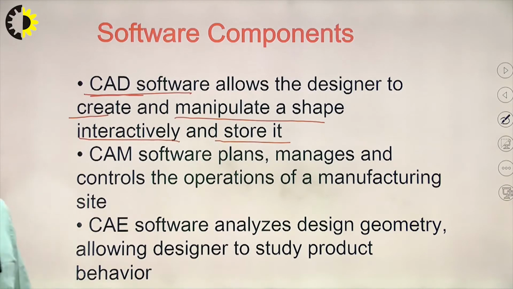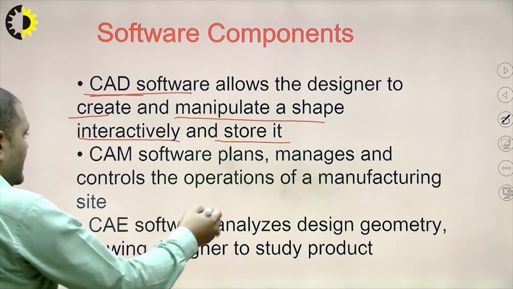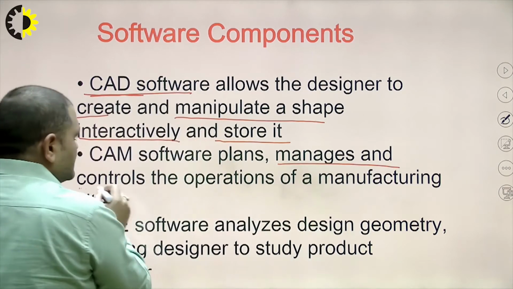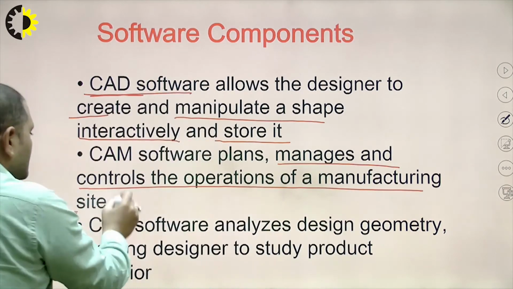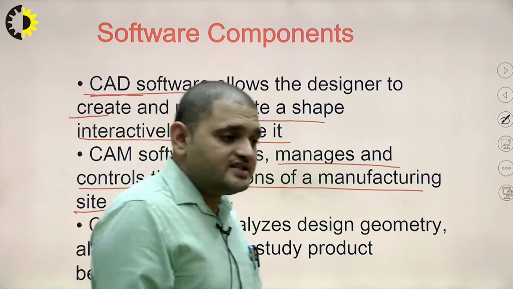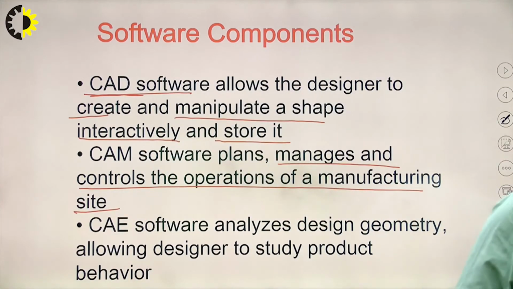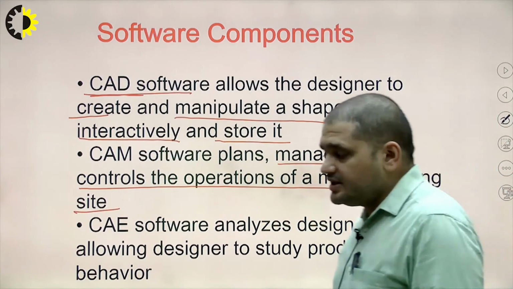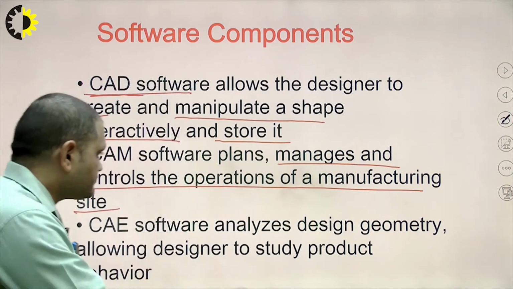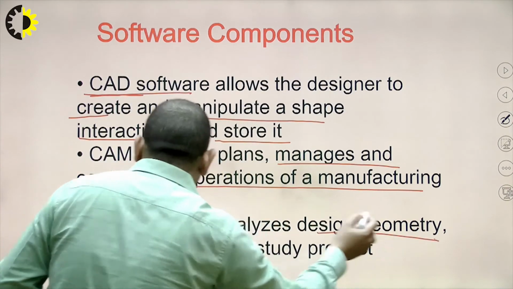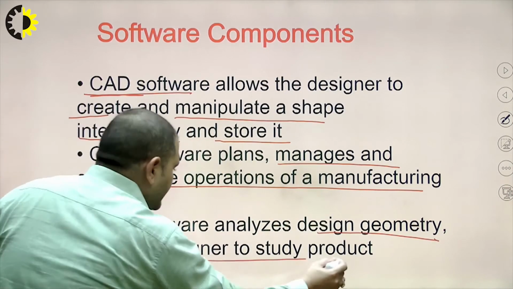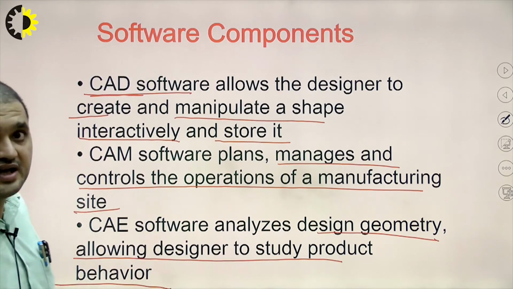Then you have CAM software, which manages and controls the operations of a manufacturing site. Then CAE, that is computer aided engineering. This software designs the geometry, allowing the designer to study product behavior.